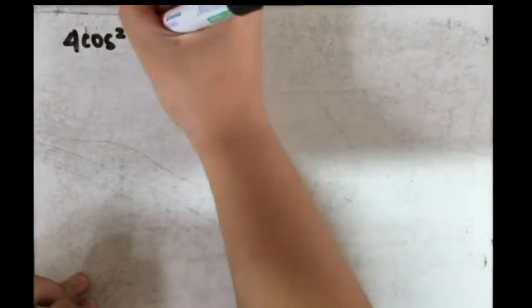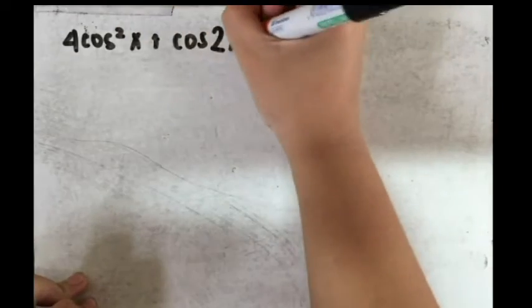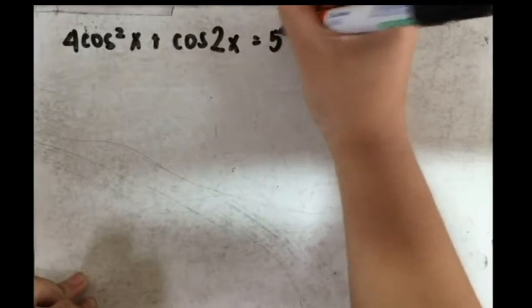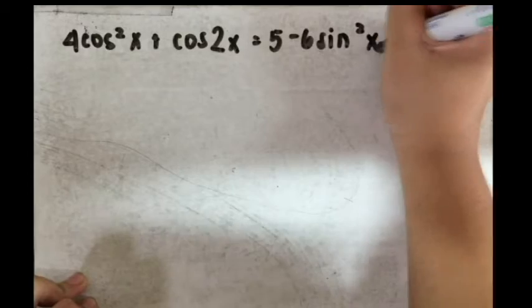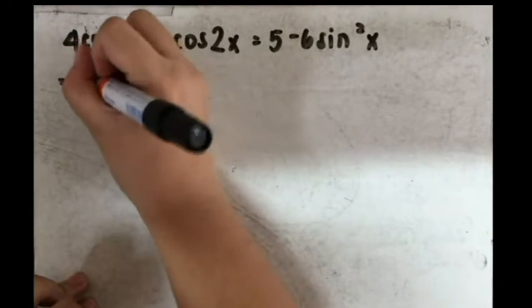So our given is 4 cos squared x plus cos 2x is equal to 5 minus 6 sin squared x. So to prove it, focus on the left side.